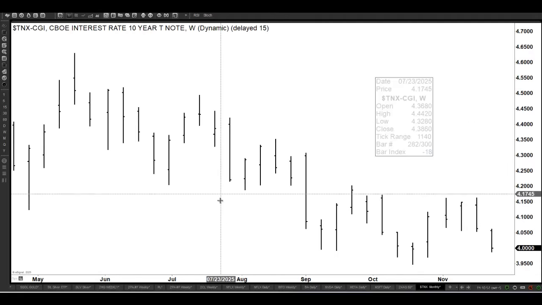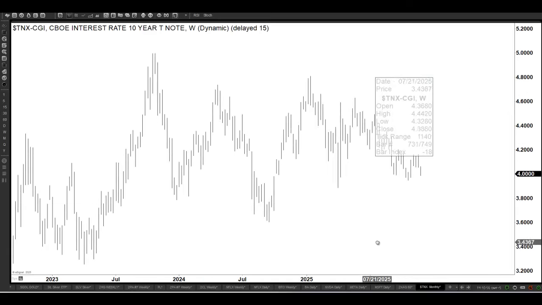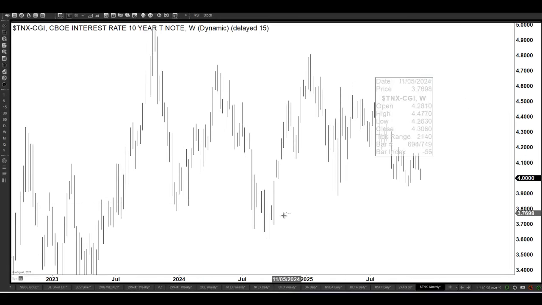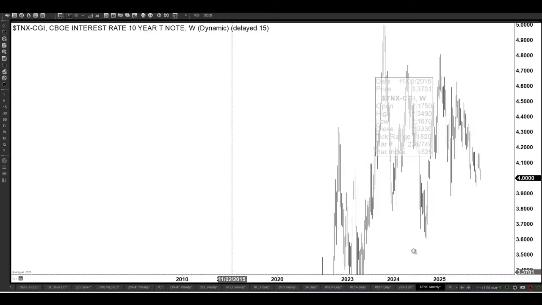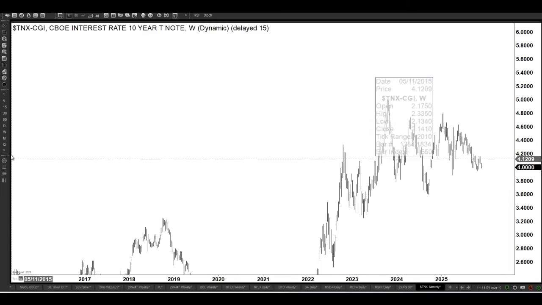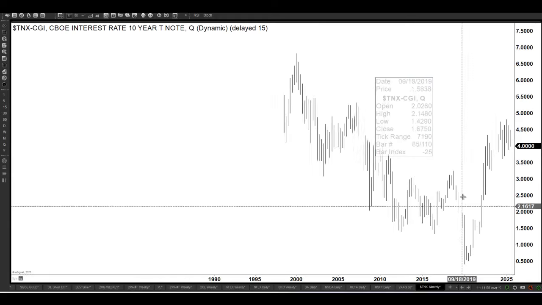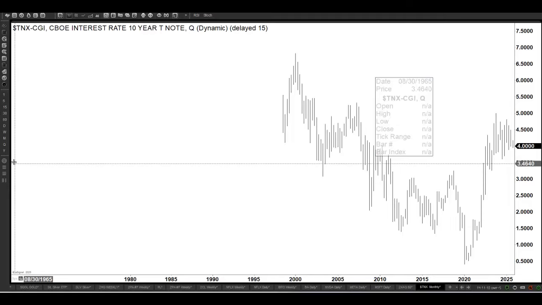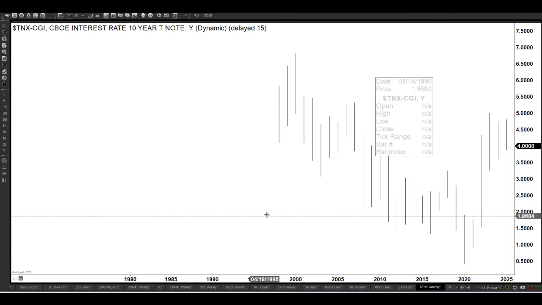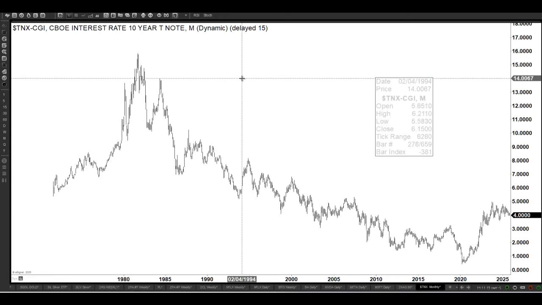Let me contract it so you guys can see the all-time chart. All right, these are the interest rates.